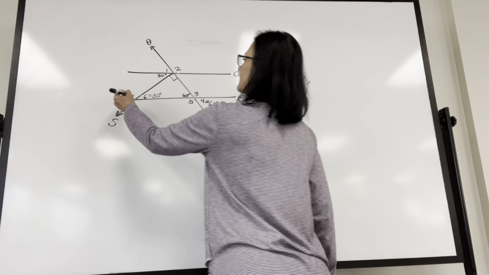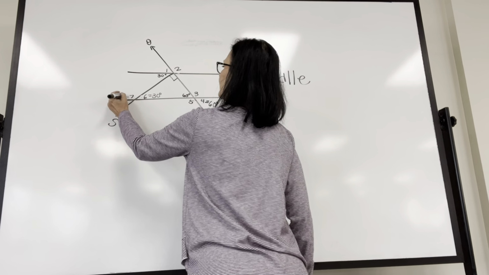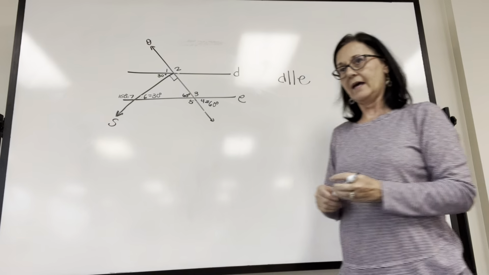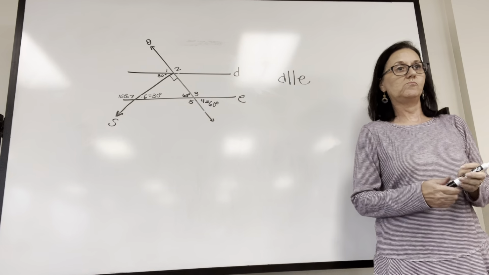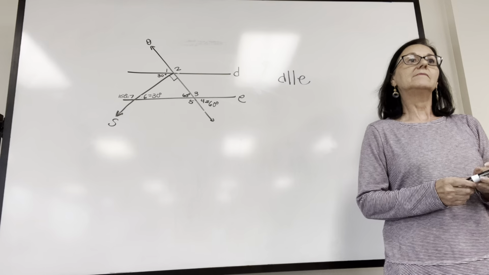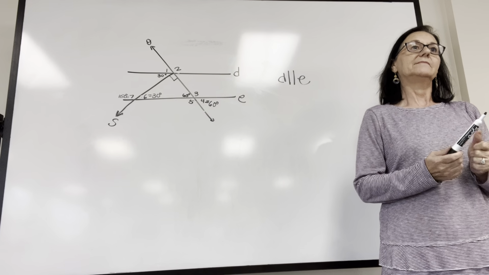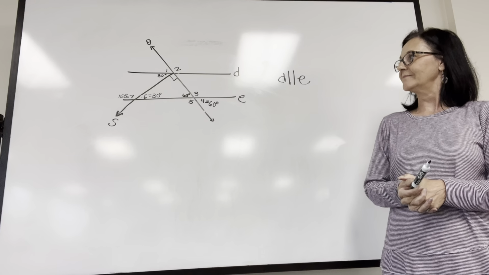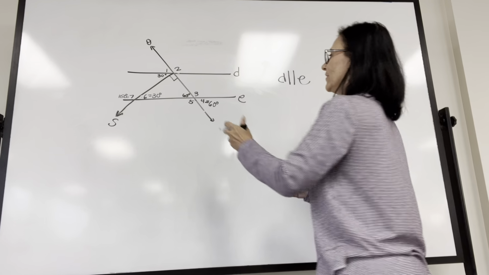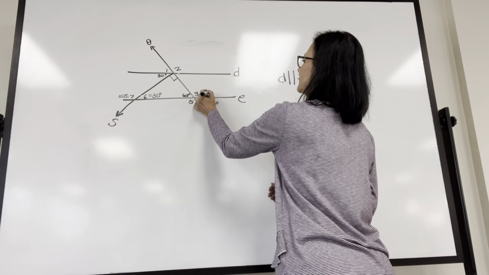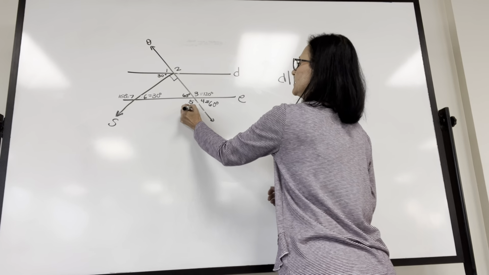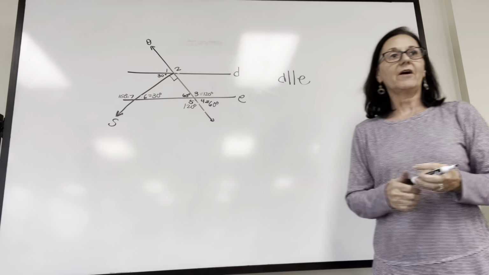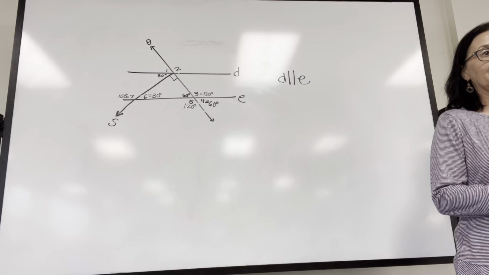Okay, so 7 has to equal 150. Do we know that the lines are parallel yet? David, do we? No, but we know that 3 and 5 are both equal to 120 degrees. Okay, we do know that 3 equals 120 and 5 equals 120. Do we know that the lines are parallel?